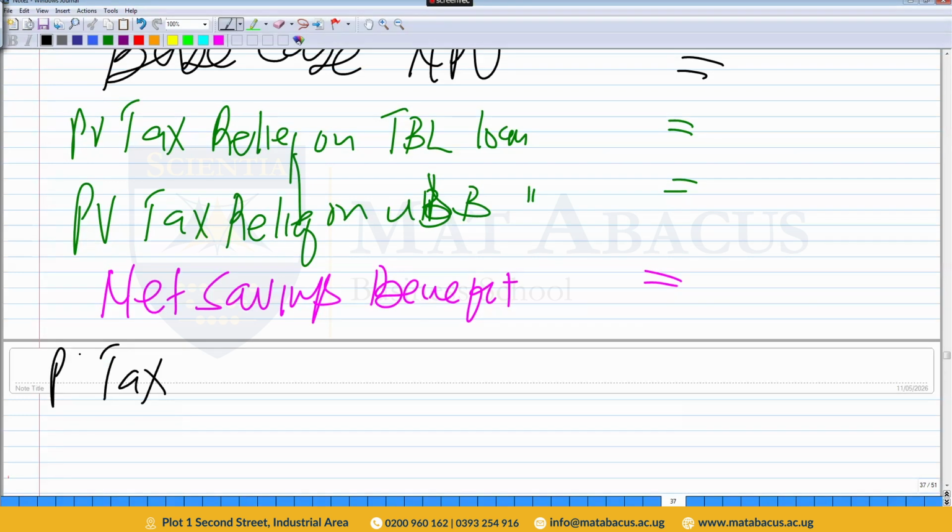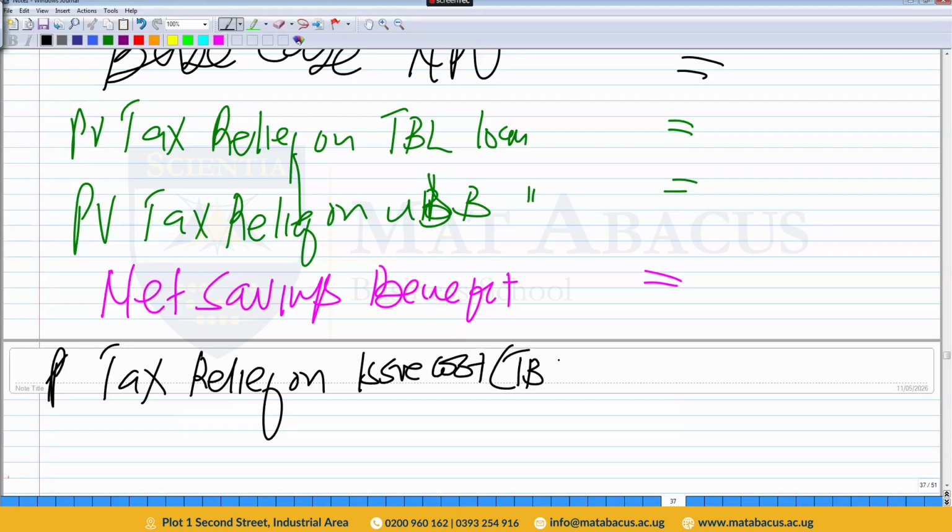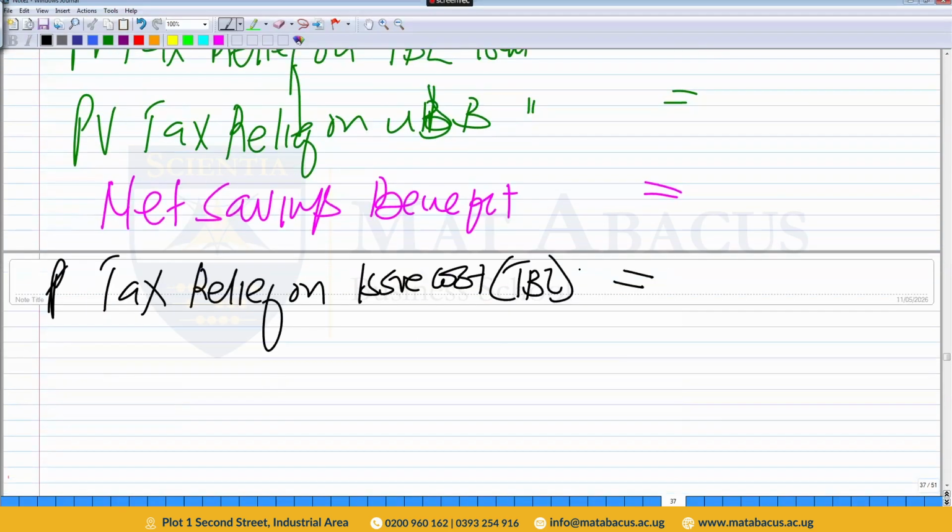There was a tax relief on issue cost, not because these were in year 0, tax relief on issue cost on the loan TBL, but also now we also had the present value.